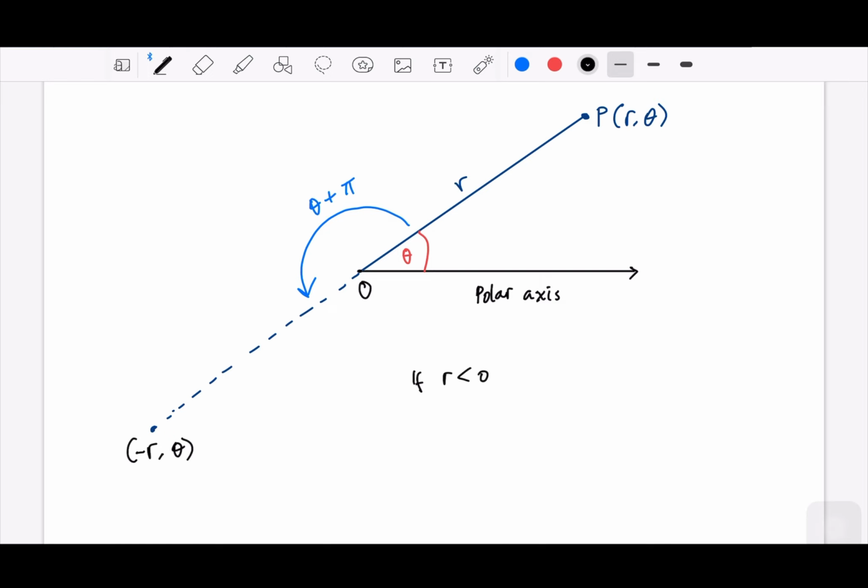So when r is less than 0, it lies on the quadrant on the opposite side of the pole.